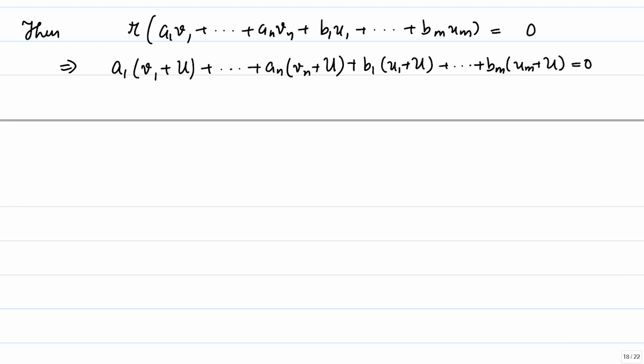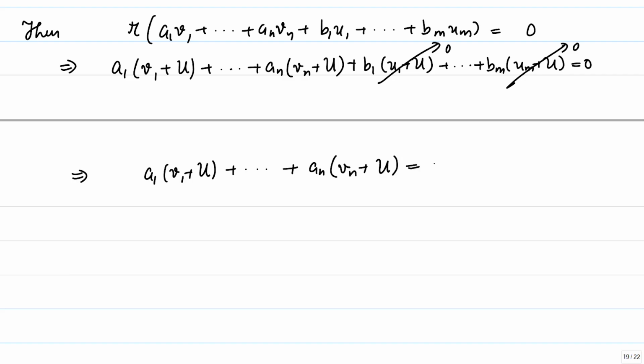But let me now remind you that U1, U2 up to Um are basis elements in capital U, so in particular they are elements of capital U. If you look at the affine subset with these elements, they are all the same as the 0 element there. So all these are 0 vectors in V mod U, and what we are left with is A1 times V1 plus capital U plus up to An times Vn plus capital U is the 0 vector in V mod U.